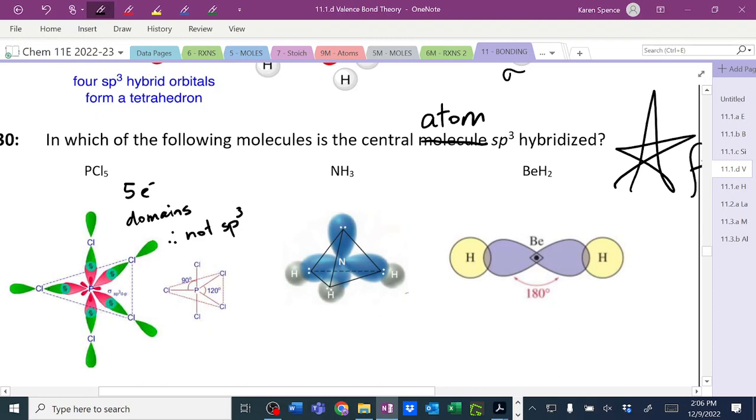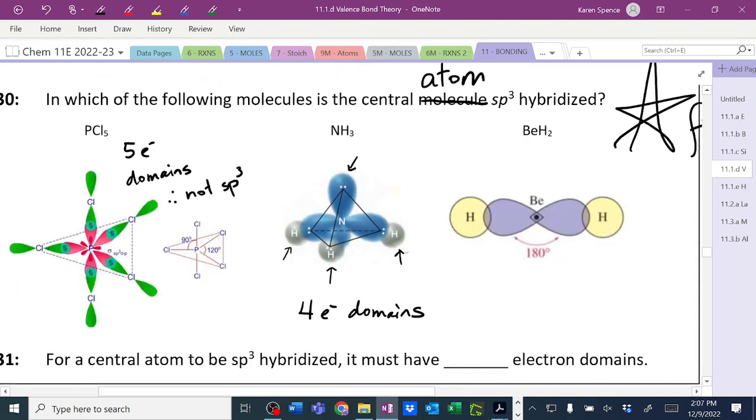Now, we have NH3, which has 1, 2, 3 hydrogens, and it has a lone pair. So how many electron domains does nitrogen have? 4 electron domains. So what is its hybridization?